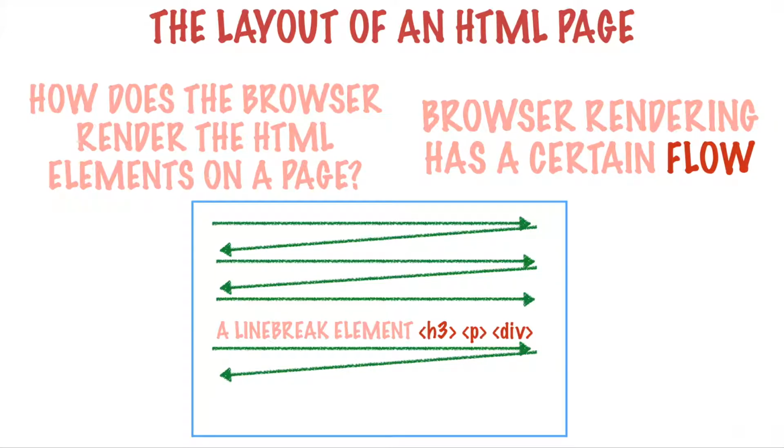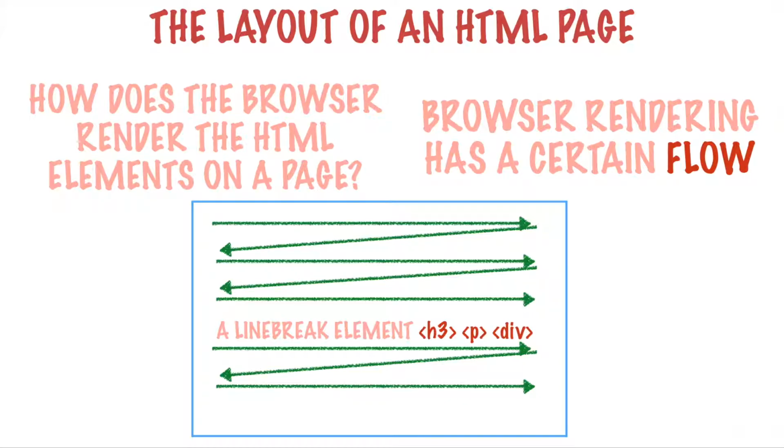So the browser lays out the elements from left to right unless there is a line break element, in which case it moves the entire element to a new line. This flow from left to right and top to bottom is the regular flow of HTML in a browser. This is not taking into account any of the CSS.